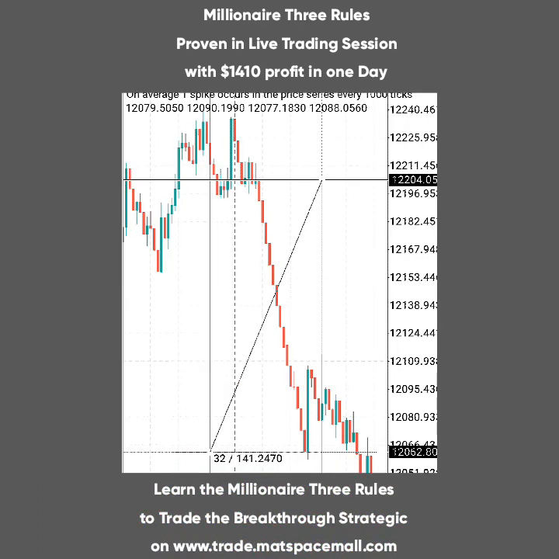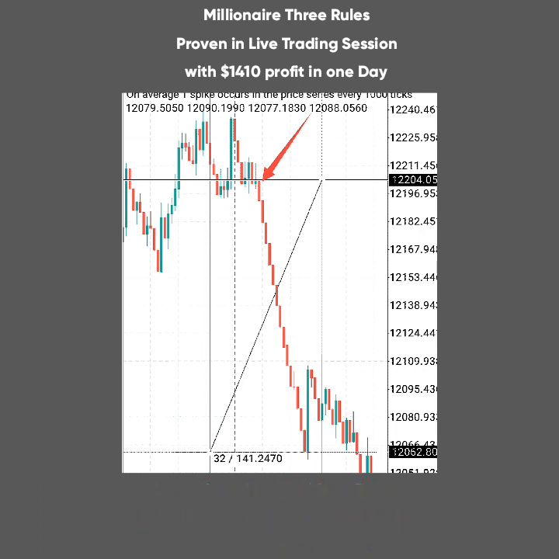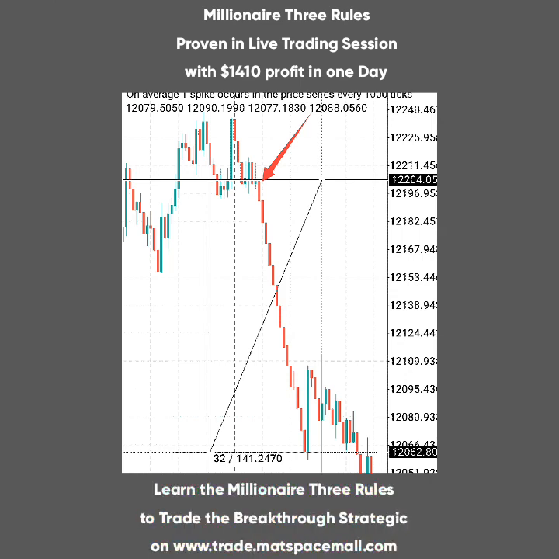Live and showing you the power of the Millionaire Tree rules. You can see that the trade I took here, 12204, is still running, and so far how much profit was booked. Look down here, you see what happened here.